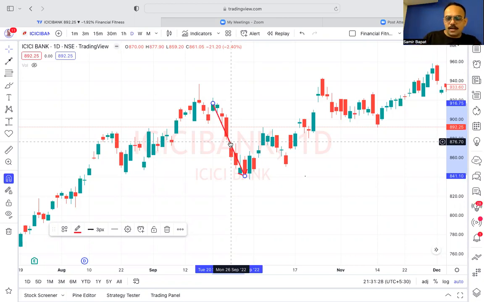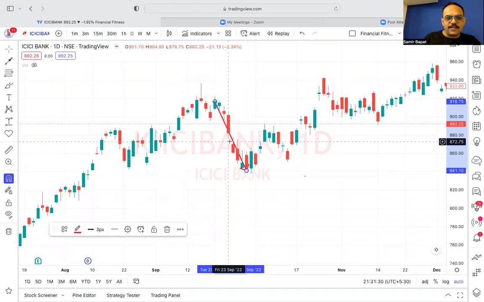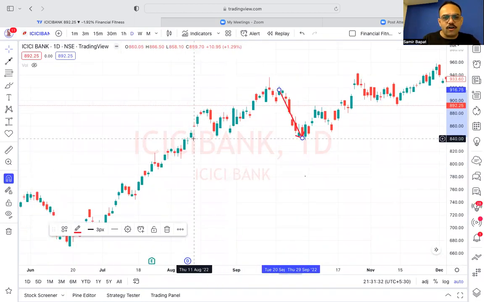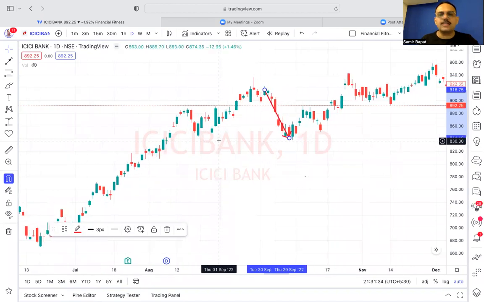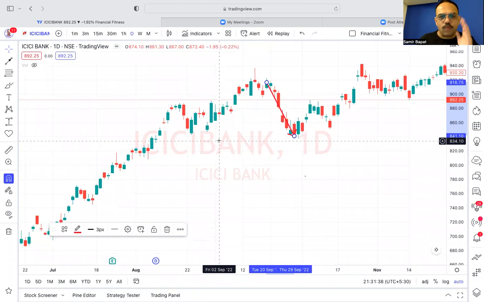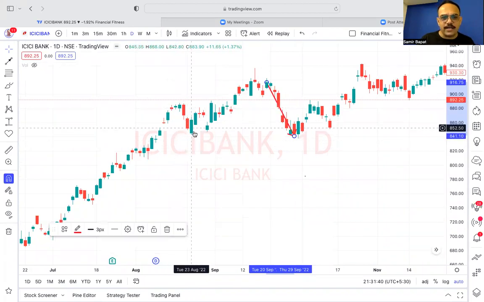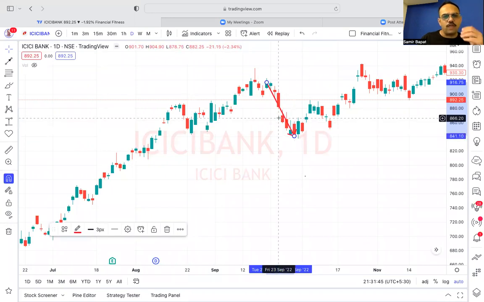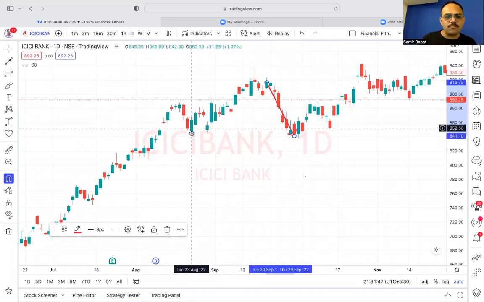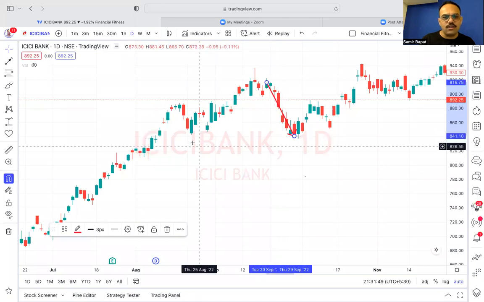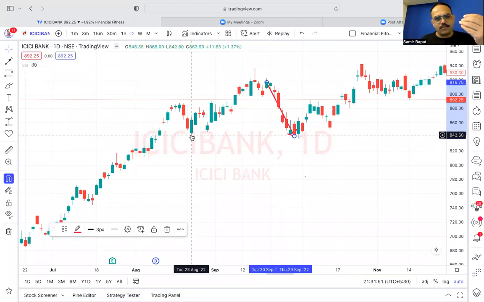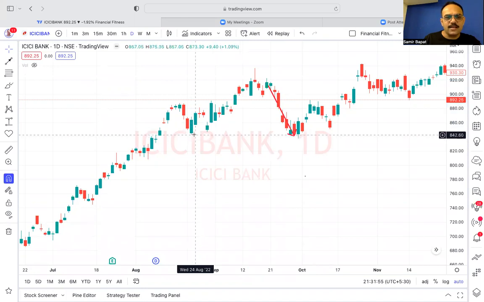Okay. So what we do is, if it is going down, we draw supply demand lines or support lines. We see the point, these V-shaped recoveries previously where it has gone up. Ideally we don't know when it will stop. So when it is going down, right now I'm drawing the classical way of support resistance. Let me draw a line here.